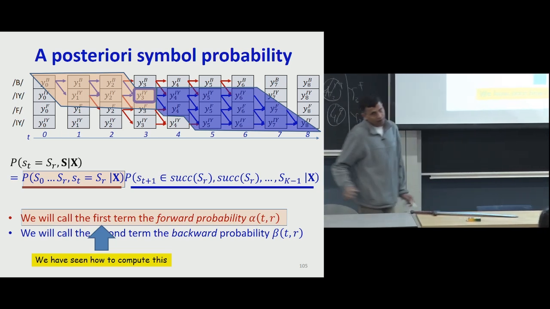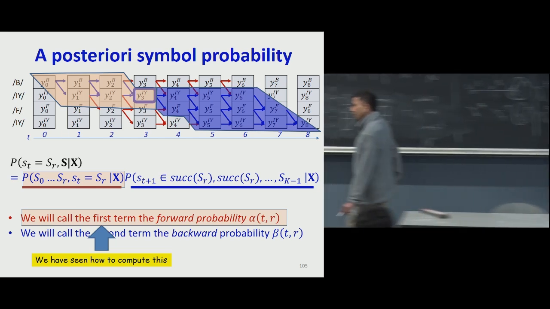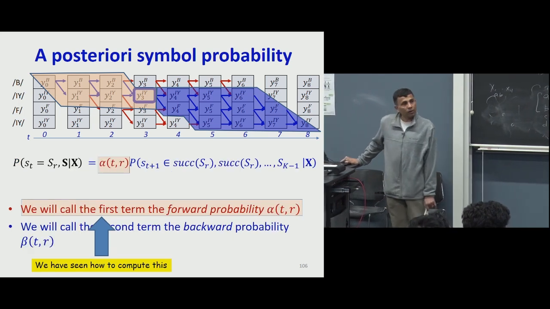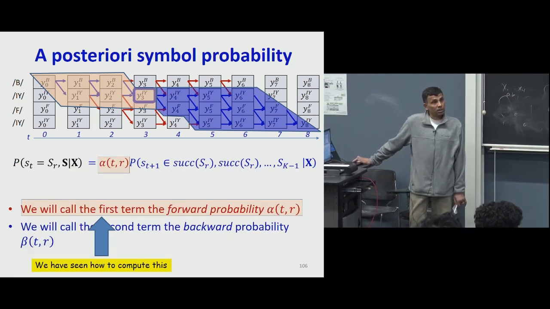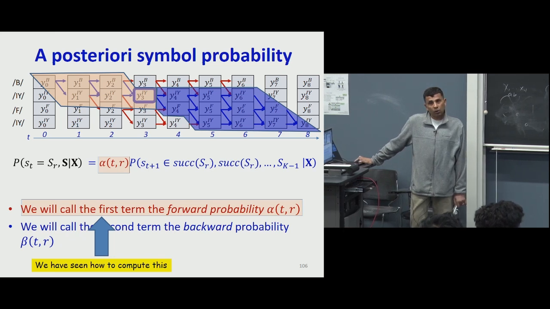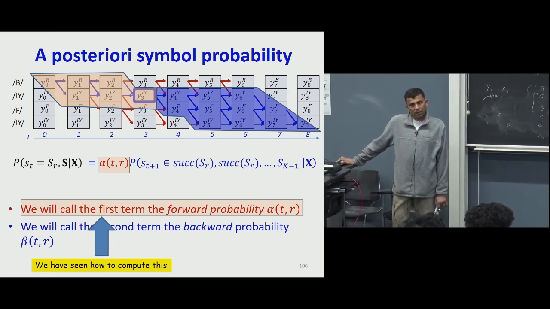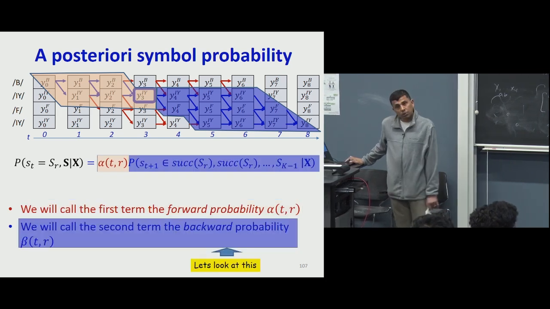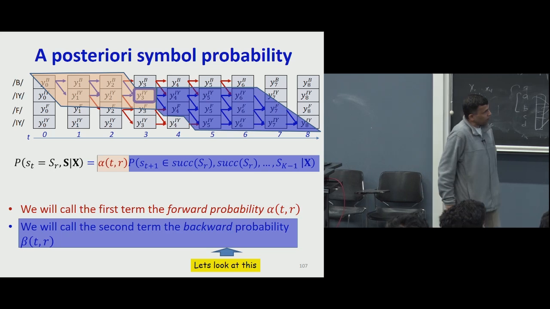So I can just replace this by alpha t. And now we actually have that alpha t for every single box, no matter where. You know how to compute that alpha t because we've computed this for every node in the graph. I can use the same logic now to compute the second term, which we will call the backward probability.